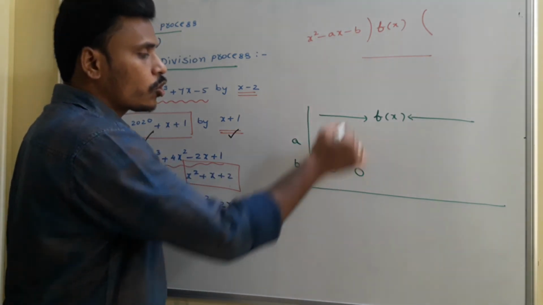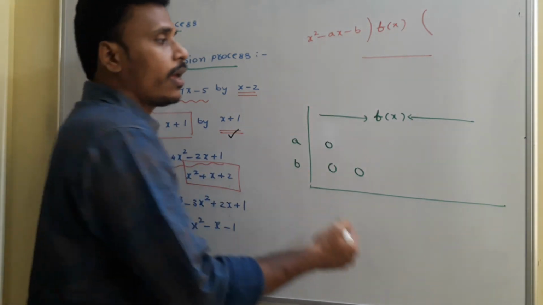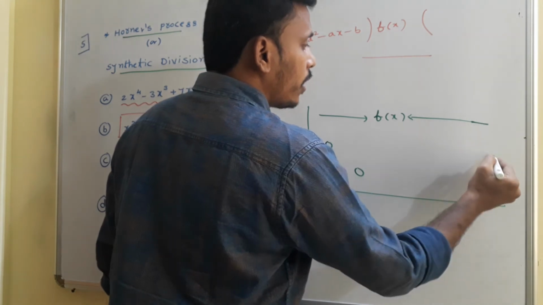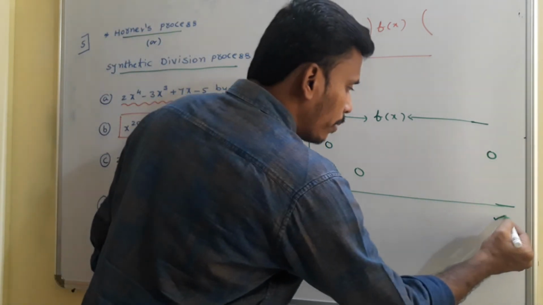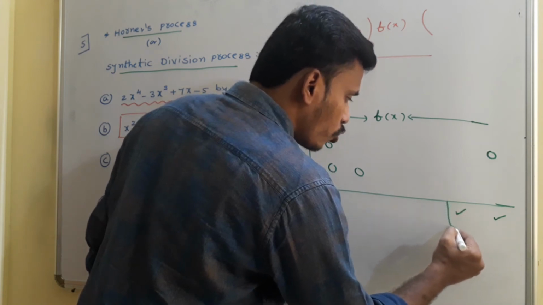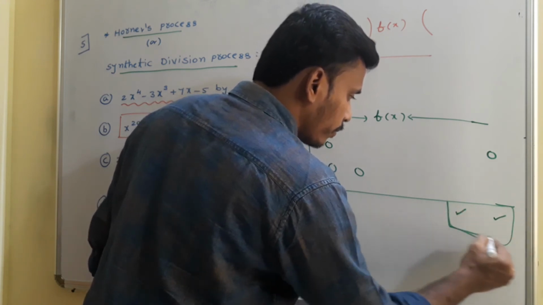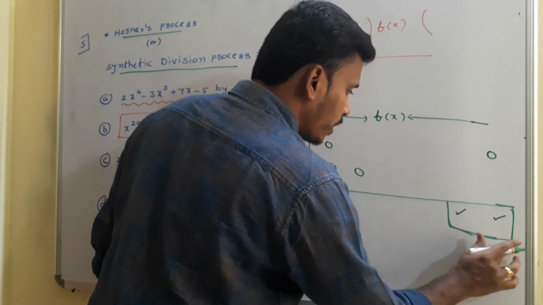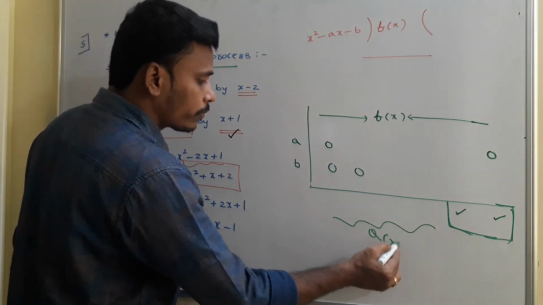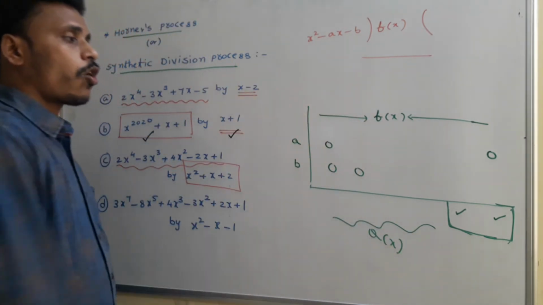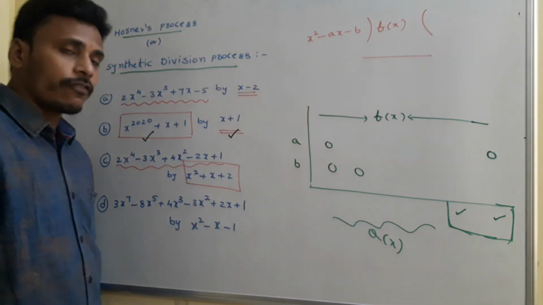And again, as before, go column-wise addition and then multiply. At the last step, in this last step also you need to take 0. You will get two numbers at these two positions, and these two will represent the remainder, and all this part will represent the quotient. This is the general picture of synthetic division for the quadratic factor.